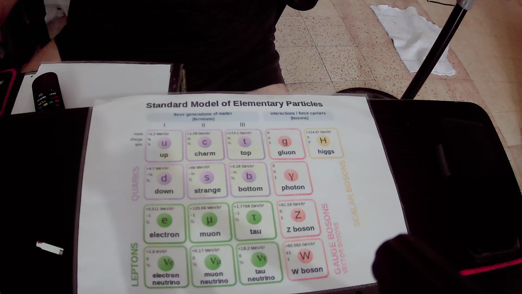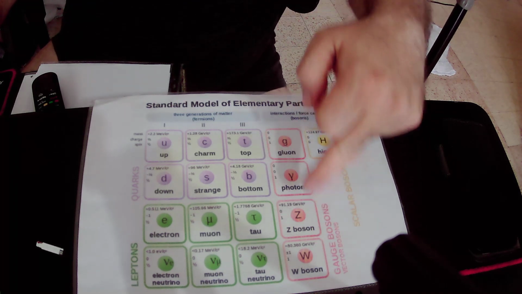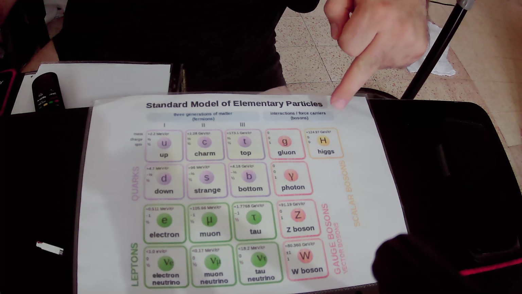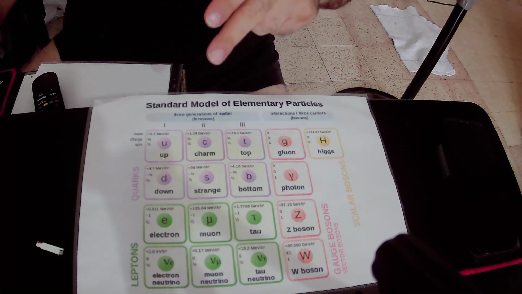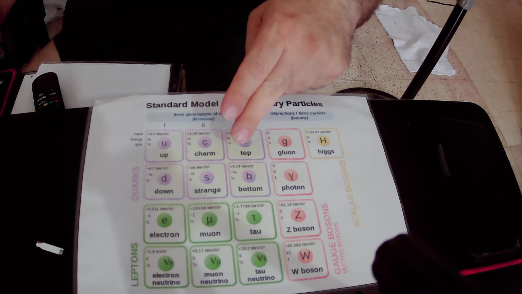We haven't found the graviton yet, but the scientists assume that the graviton does exist. Okay, so the four bosons, and also the fifth boson, have an integer spin, unlike the fermions that have half spin.